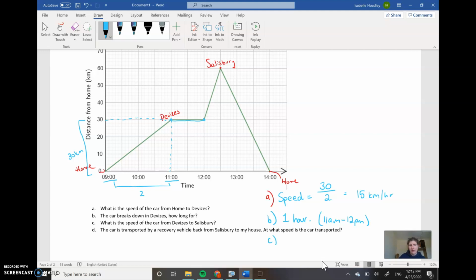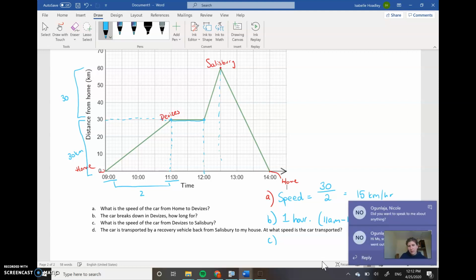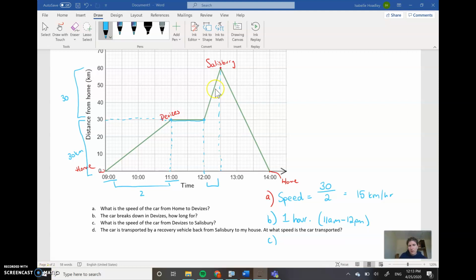Okay, C, what is the speed of the car from Devizes to Salisbury? So now we're looking at the second part where we're increasing. I'm going further away from home. I'm driving from Devizes to Salisbury. In this case, I've gone another 30 kilometers because I've gone from 30 to 60. Okay, so that's 30 kilometers. In terms of the time, I've done that 30 kilometers between 12 and half past, so in that half an hour.